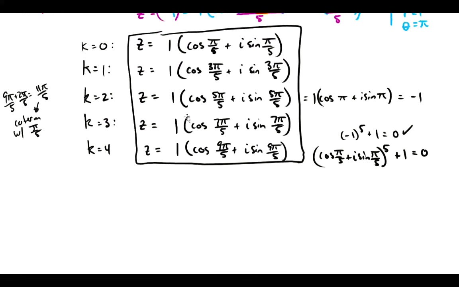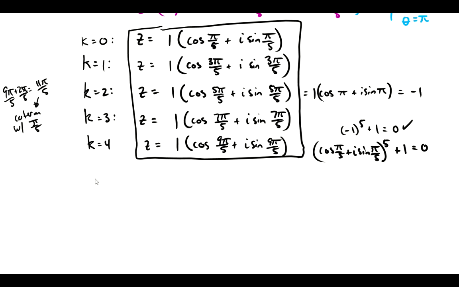One last thing. If we wanted to, we could sketch all those angles out to see the symmetry. So pi fifths, somewhere maybe about there. Bigger than pi sixths, smaller than pi quarters. 3 pi fifths is somewhere probably about there.